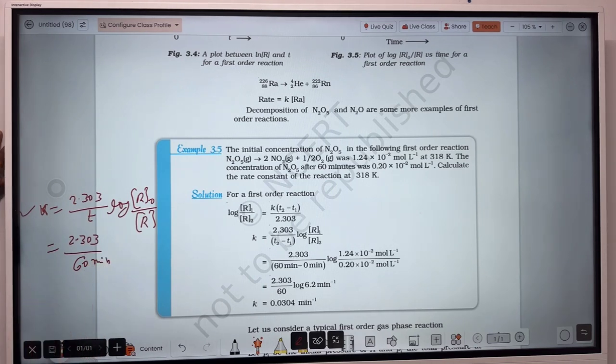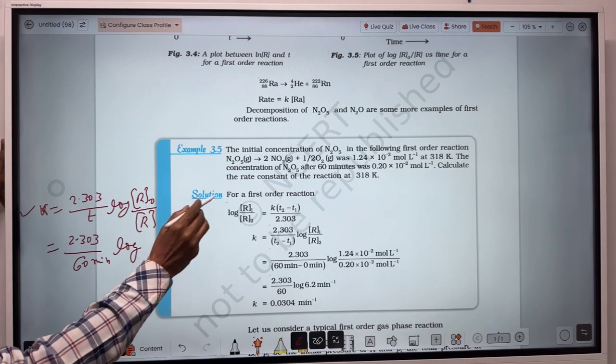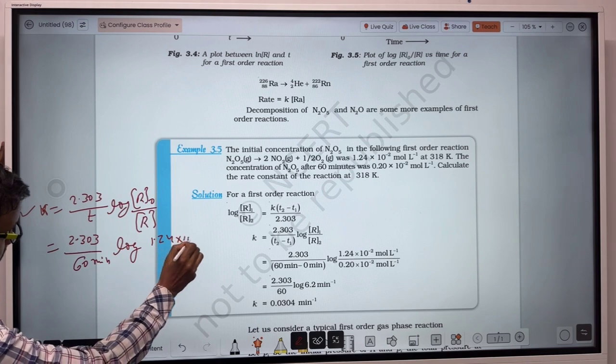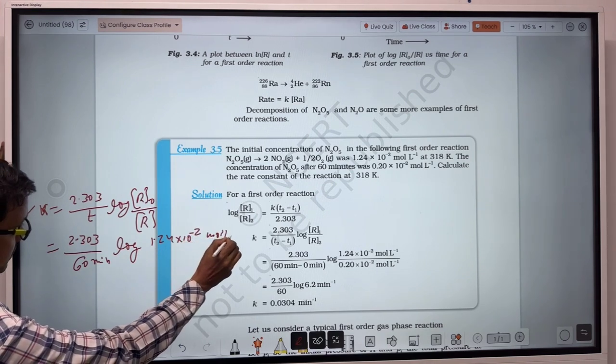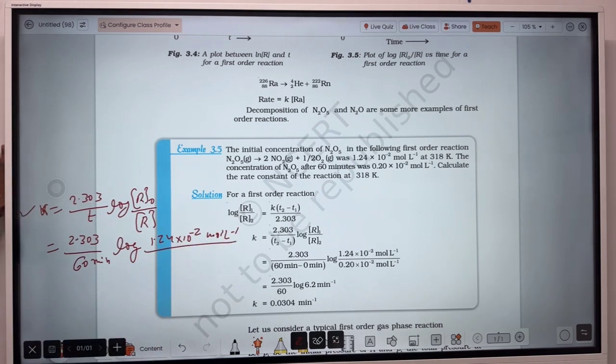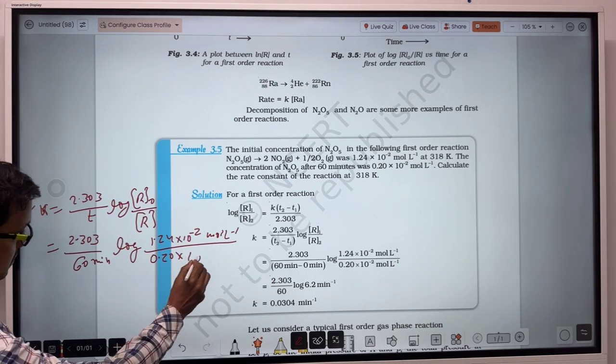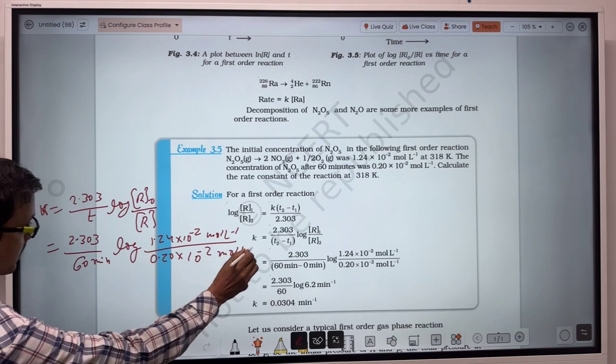Log of R naught, the initial concentration, which was given as 1.24 into 10 power minus 2 mole per liter, upon 0.20 into 10 power minus 2 mole per liter.